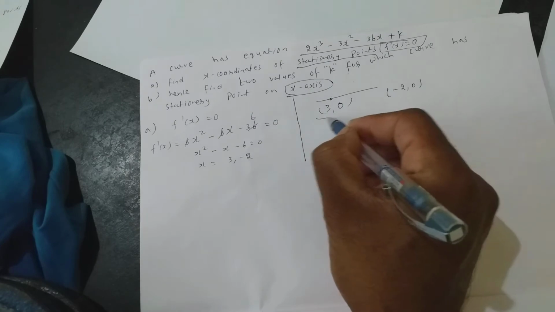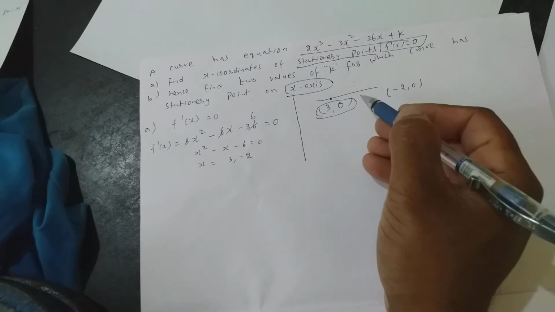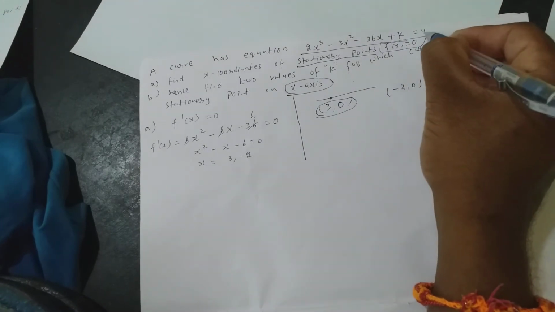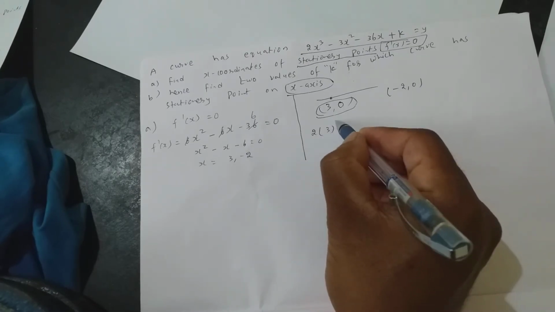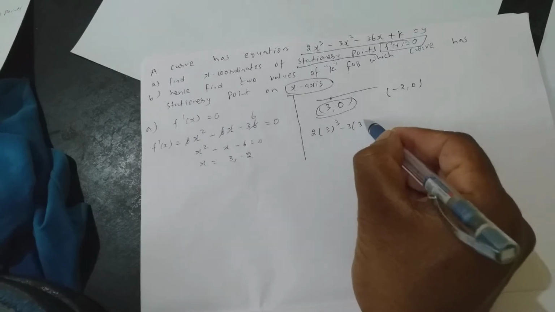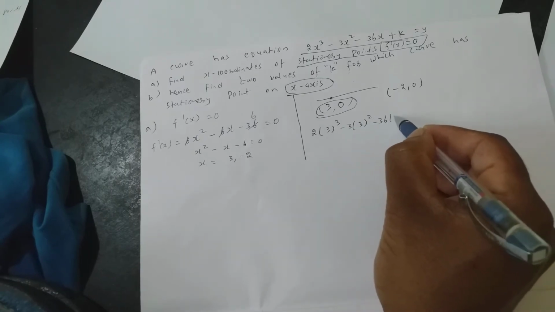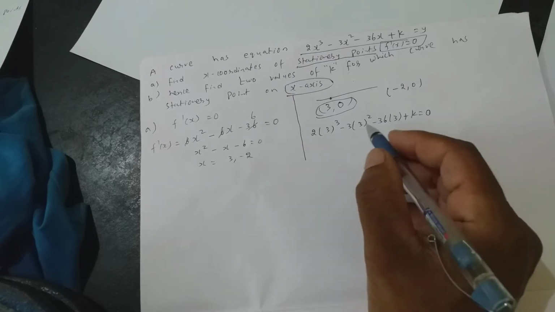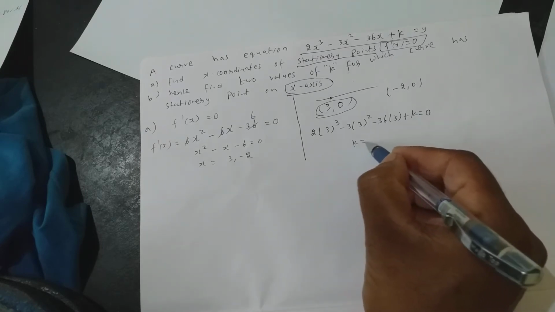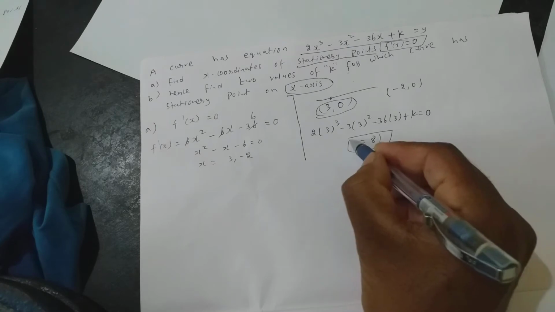Clear? So where will I use this 3 comma 0 to get the value of k? Here. Place it in place of x: 2 into 3 cube minus 3 into 3 square minus 36 into 3 plus k. In place of y you put 0. You get k value to be 81. This is one value of k.